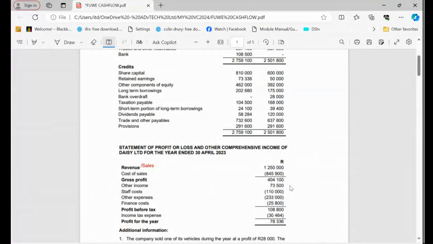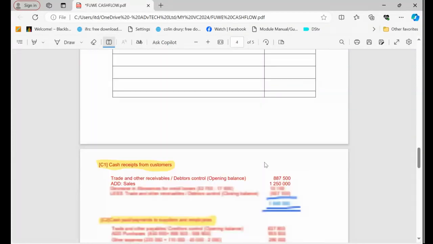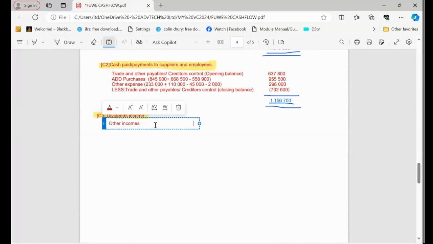The other income is 73,500. Thank you. That is the other income.